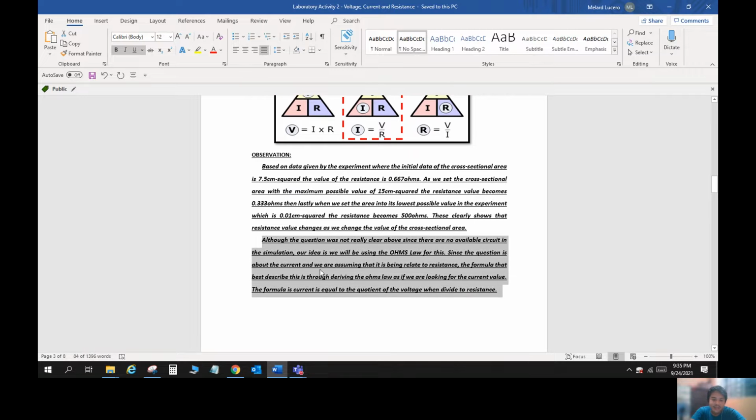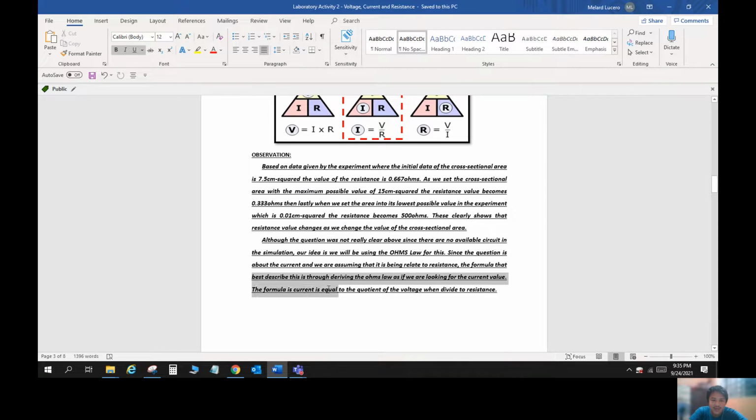Although the question was not really clear above, since there is no available circuit in the simulation, our idea is we will be using Ohm's law for this. Since the question is about the current and we are assuming that it is related to resistance, the formula that best describes this is derived from Ohm's law, as we are looking for the current value.